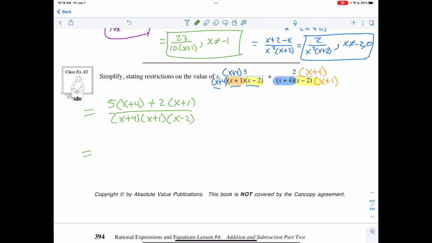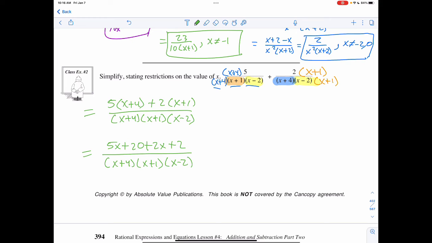This is going to be the same as 5x plus 20 plus 2x plus 2 all over x plus 4, x plus 1, x minus 2.